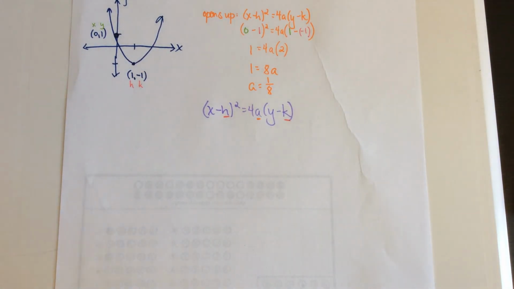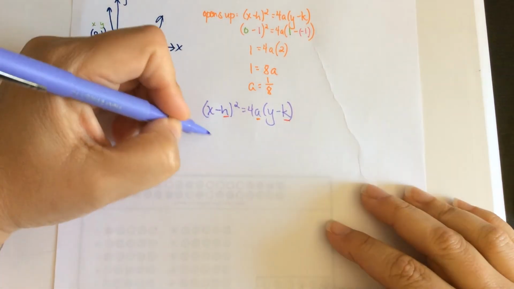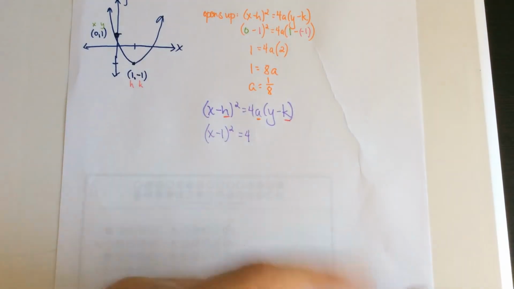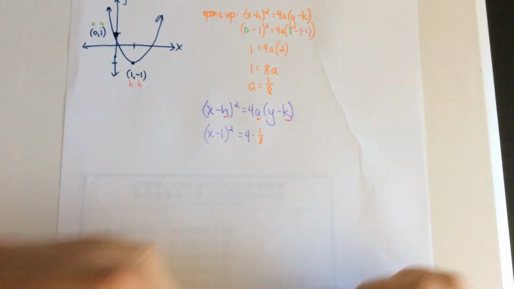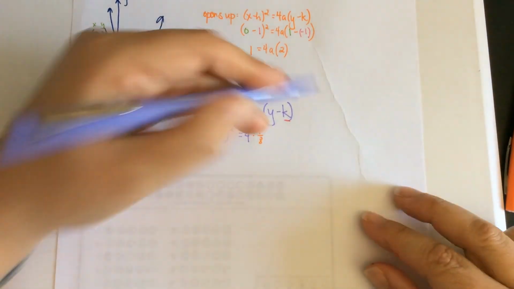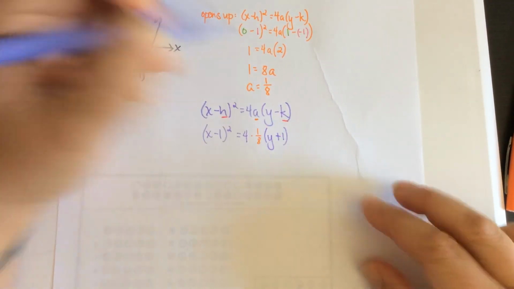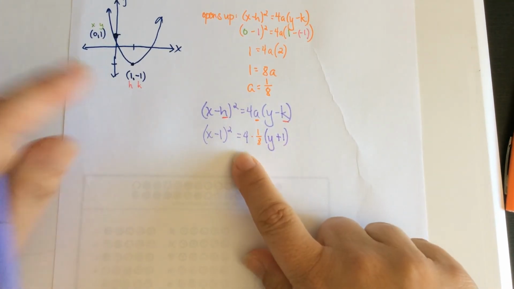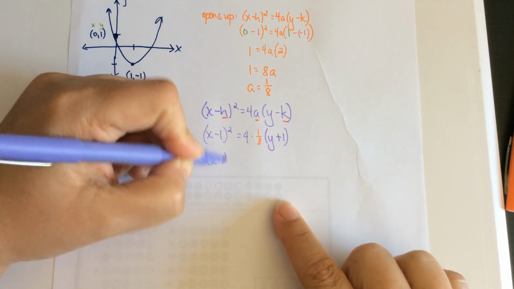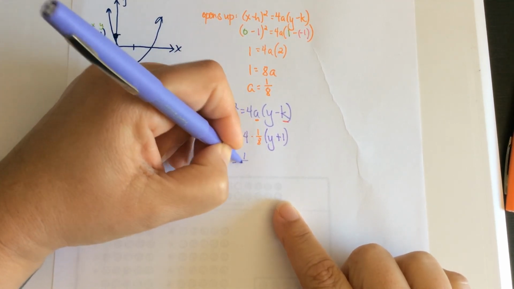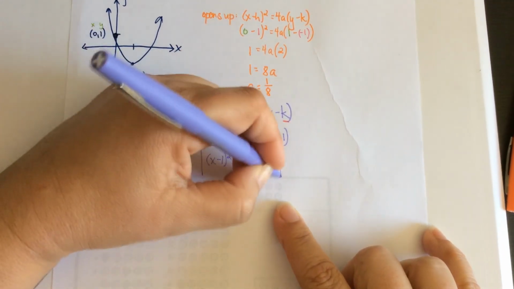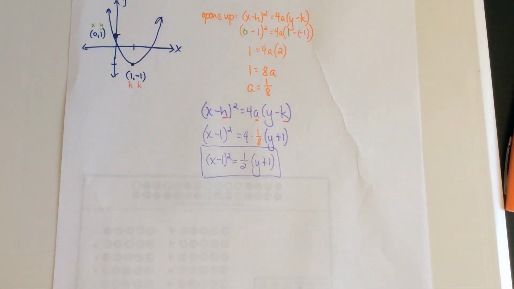So I'm going to go x minus h squared equals 4 times a, and then y minus the k, minus -1. 4 times 1/8 is that. And that's all we got to do. Don't multiply that out. Don't do anything crazy. We're all set.